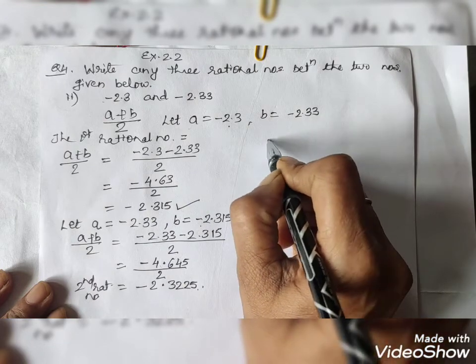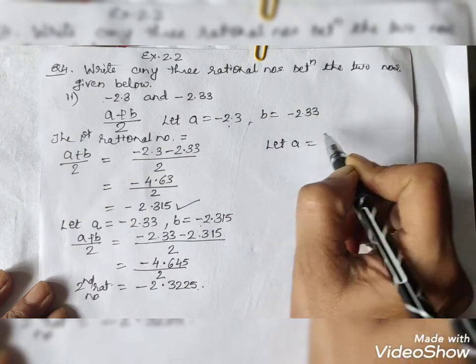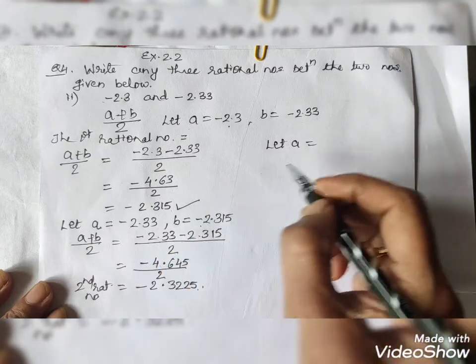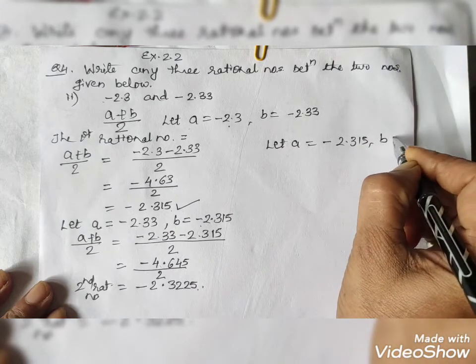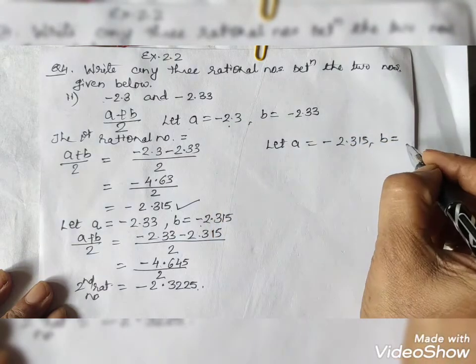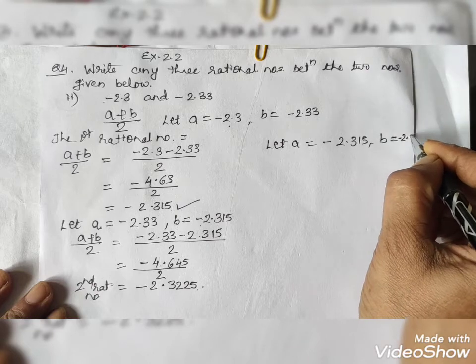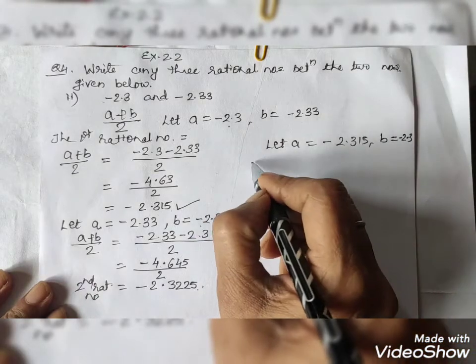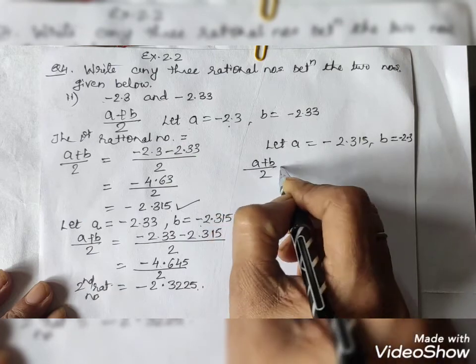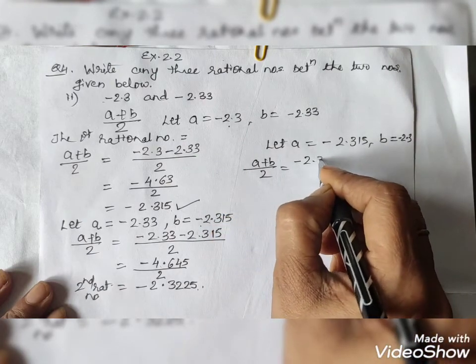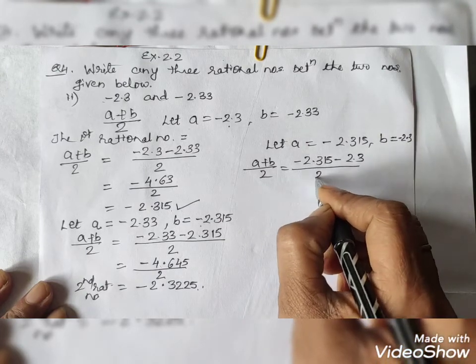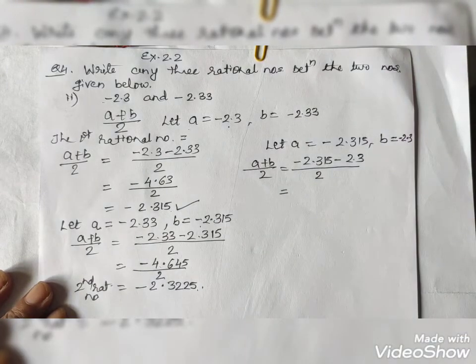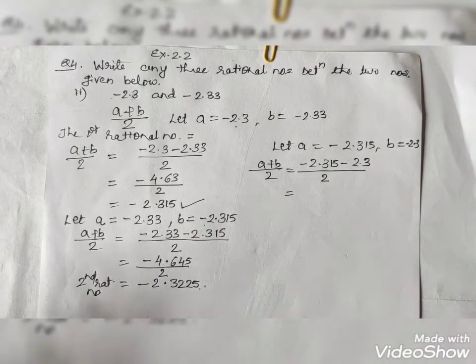Let me find it here. Now let me take a as minus 2.315 and your b as minus 2.3. In the same way, now (a plus b) by 2. This is your a, your b is minus 2.3, and here divided by 2. Now again you simplify this, you have to add this.